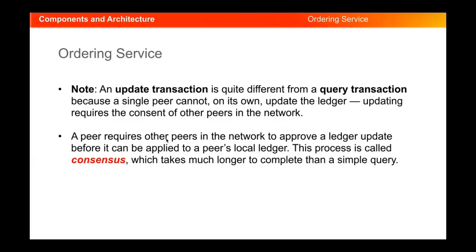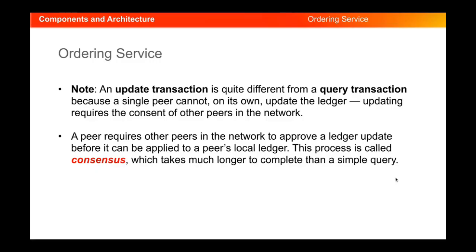So a peer requires other peers in the network to approve a ledger update before it can be applied to the peer's local ledger. This process is called consensus, which takes much longer to complete than a simple query. This means that when you do a query transaction, you can get the output from any peer, so consensus from all the peers is not required for a query transaction.